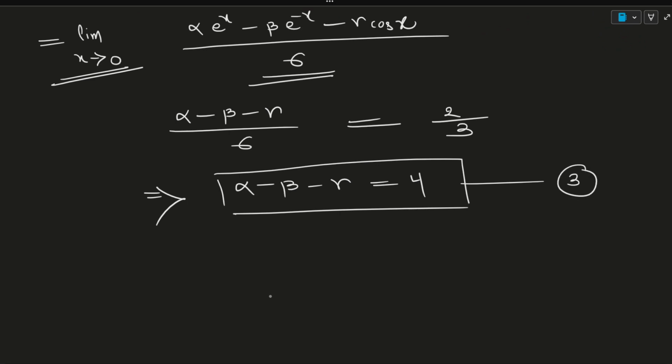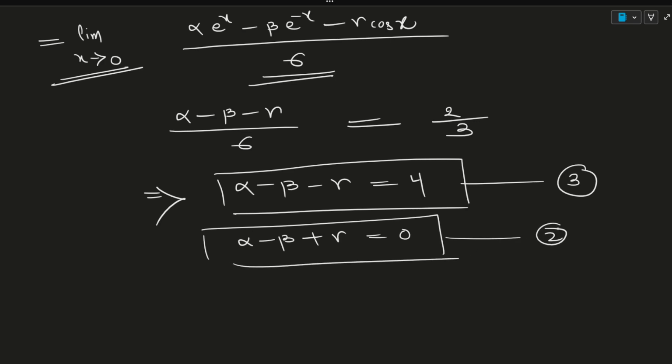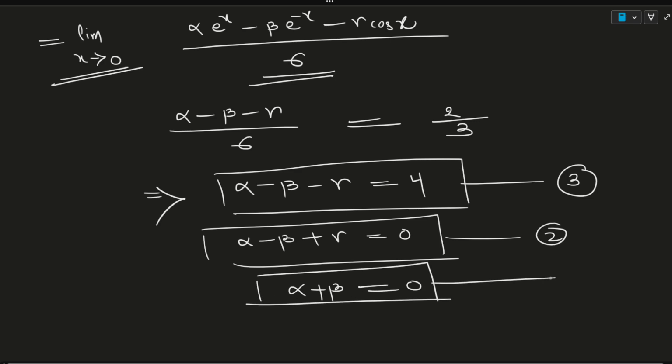So now I will write all equations together. Alpha minus beta plus gamma is equal to 0 is equation number 2, and alpha plus beta is equal to 0 was our equation number 1.